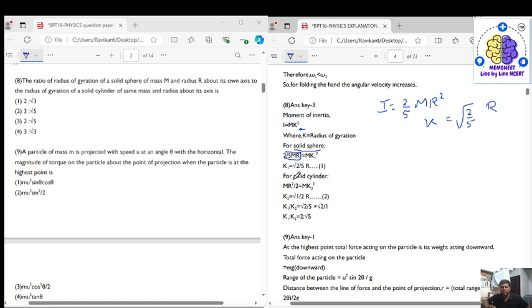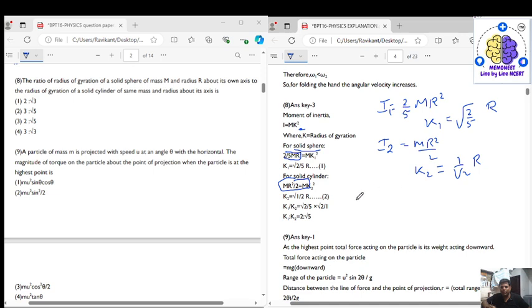Then we have a solid cylinder. For a solid cylinder, we have I is equal to mr square by 2. If I mark the sphere's as K1, then for the solid cylinder, I2 is equal to mr square by 2. So from here we get the radius of gyration K2 is equal to 1 by root 2 into r, right?